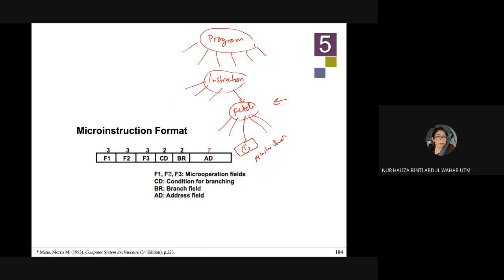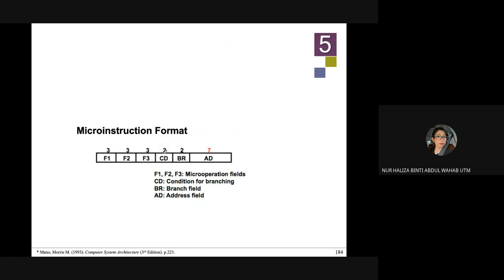You're going to have the format for this. So this one will look like this for the format for micro instruction. When you can see over here, you need to see this F1, F2, F3 normally are fixed on the left side.